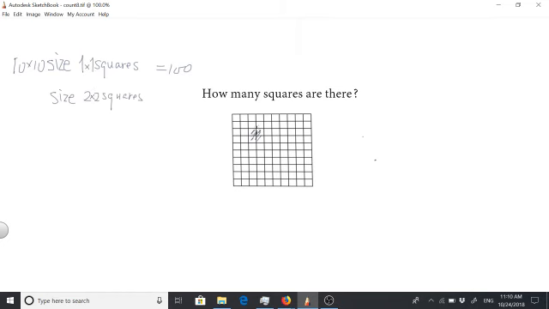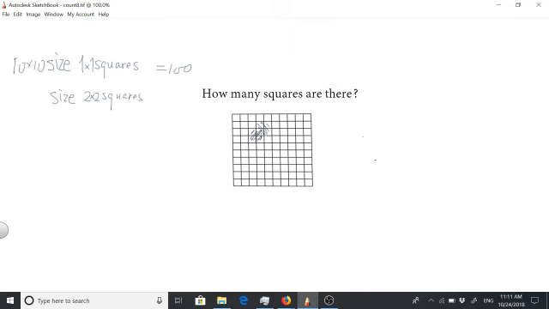There are quite a lot of 2 by 2 squares. How do we count them all in an organized way? Some of the squares, for example this square and that square, share some smaller squares. So the question becomes, how do we count in an organized way?